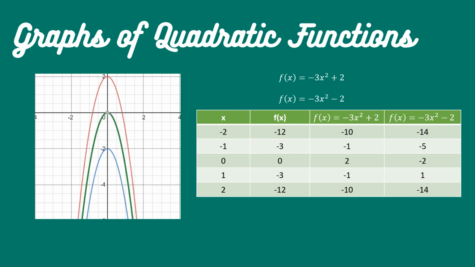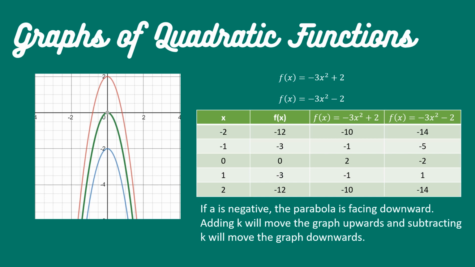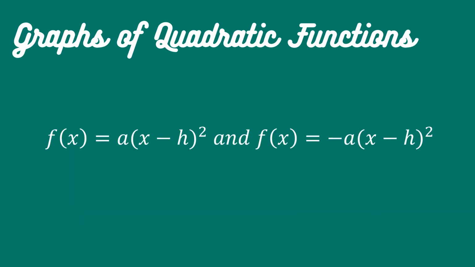For the negative, it would still be the same logic. Adding k will move the graph upwards and subtracting k will move the graph downwards. For the next one, we have f of x is equal to a times x minus h squared and f of x equal to negative a times x minus h squared.